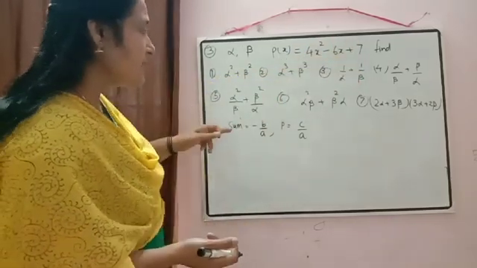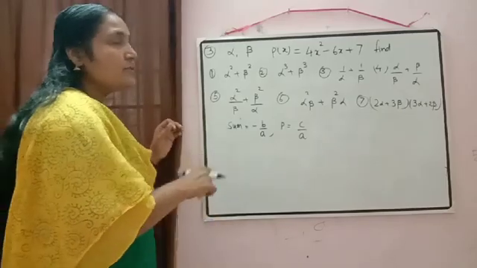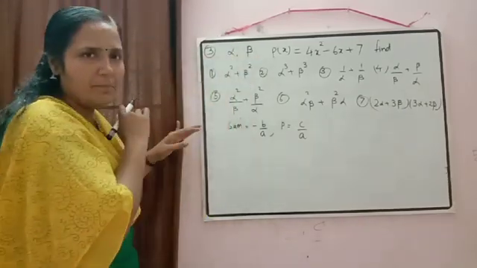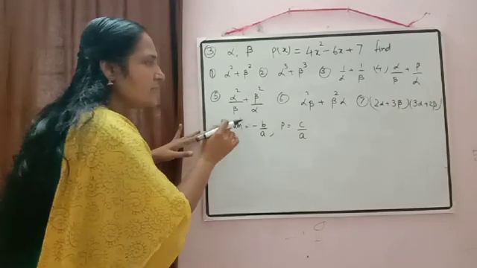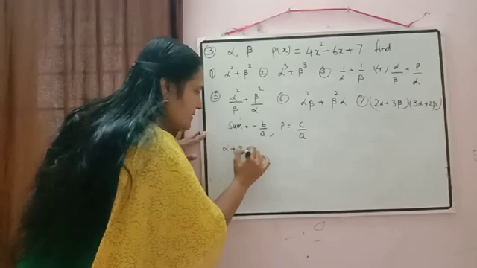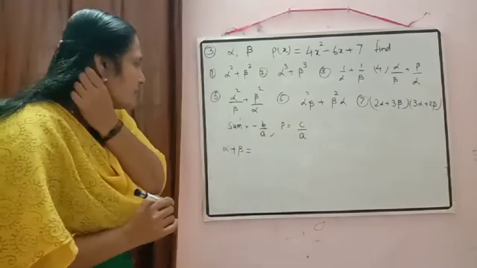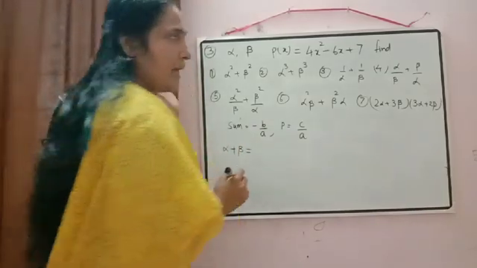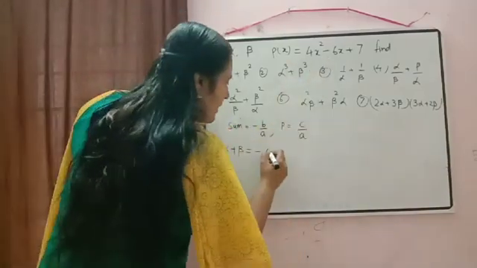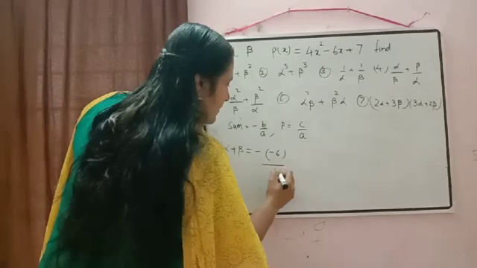And the sum of the zeros. What are the two zeros we have here? We have the zeros alpha and beta. So the sum of the zeros is given, alpha plus beta. Alpha plus beta is equal to minus b by a. So in place of b what do we have? Minus 6, so minus of minus 6 by 4.